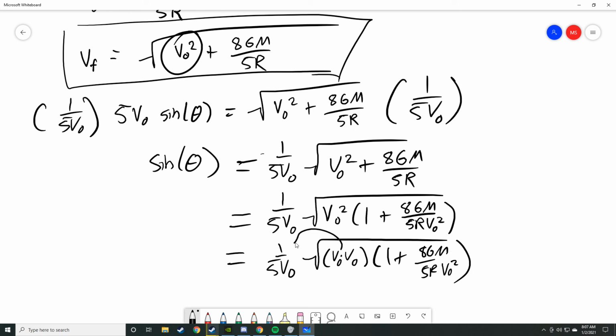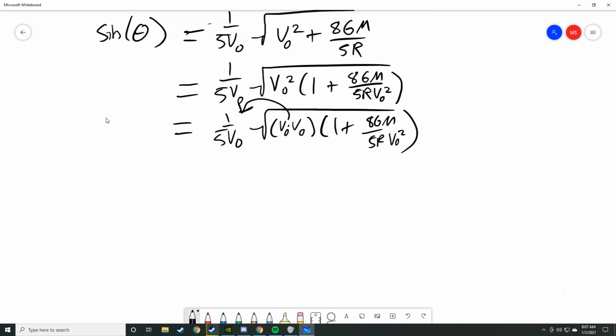And so this we can pull out here. And look at the beauty of that. If we can pull out a v naught there, that cancels with this v naught on the denominator. And so we just get 1/5 times the square root of 1 plus 8gm over 5r v naught squared.